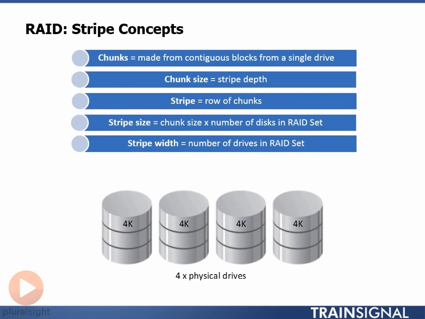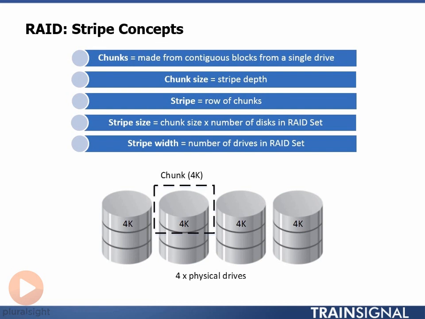Now as we can see, each physical drive in our RAID set has been divided into 3 chunks. Each of these chunks is 4 kilobytes in size, and these chunks are created from contiguous blocks or sectors on the physical drive. So with a standard spinning disk drive that has 512 byte sectors, each of our 4K chunks will be made up from 8 contiguous sectors on the physical drive.